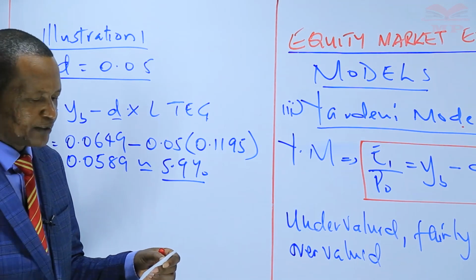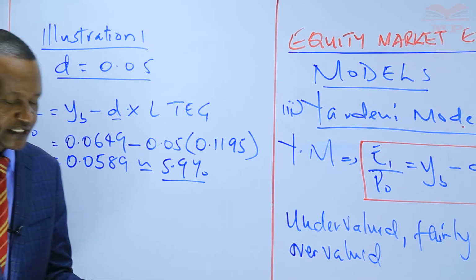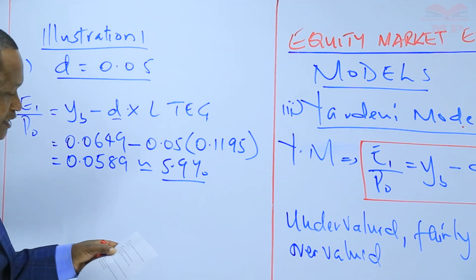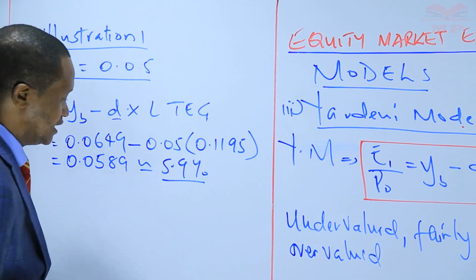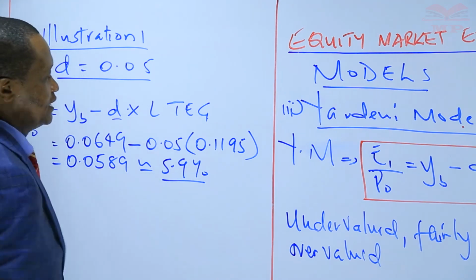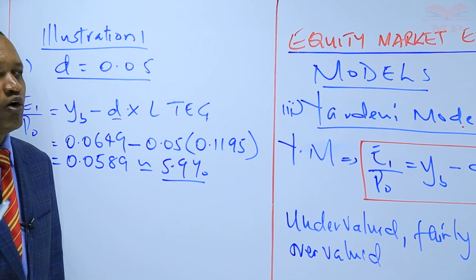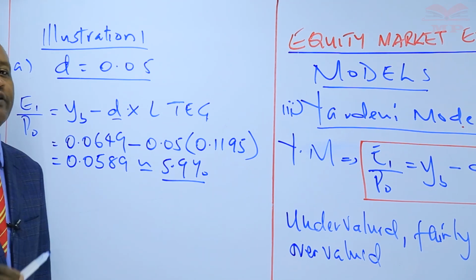That is, if the S&P 500 earnings yield is 5.5%. The S&P 500 earnings yield is 5.5%. The Yardeni model's earnings yield is 5.9%. The question is, are the equities overvalued or undervalued?